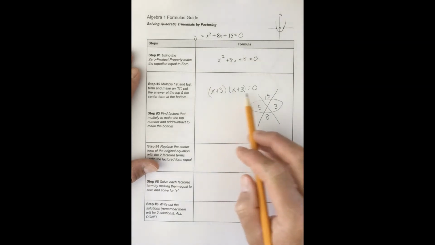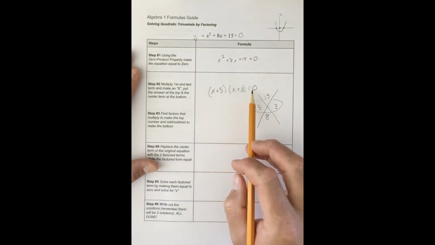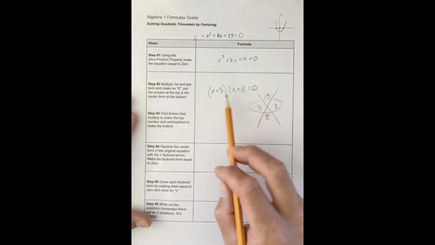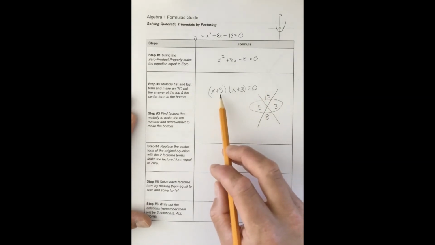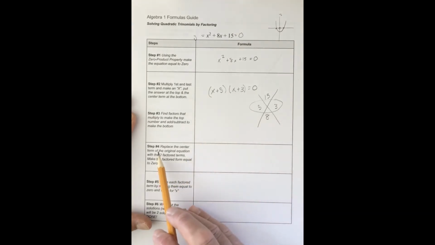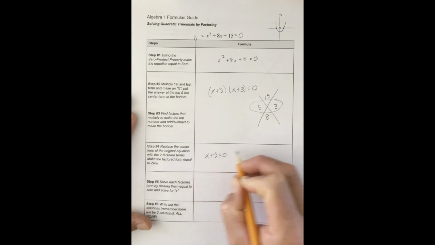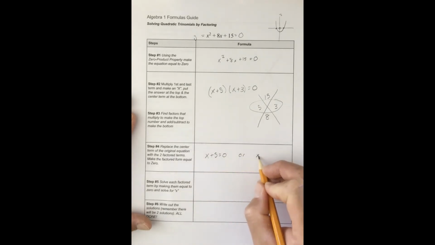If the whole equation multiplied together equals 0, then I can also separate these 2 factors to make them both equal to 0. And that's our step 4: replace the center term with the 2 factored terms and make the factored form equal to 0. So I can say x plus 5 equals 0 or x plus 3 equals 0.